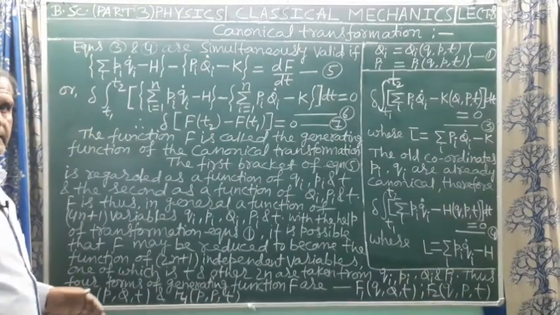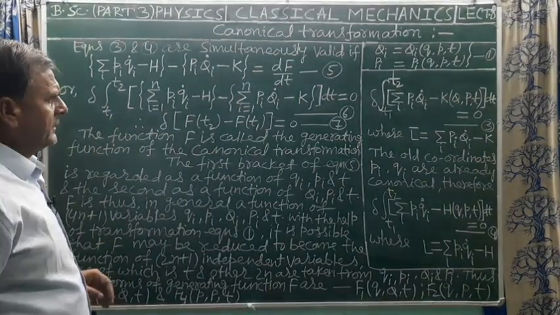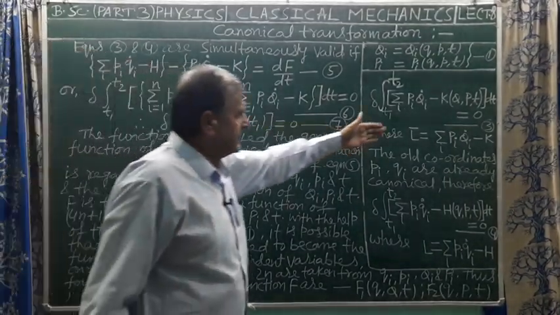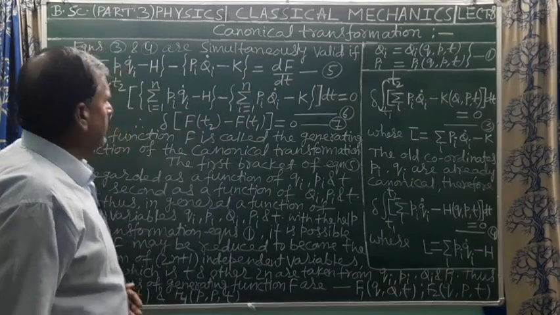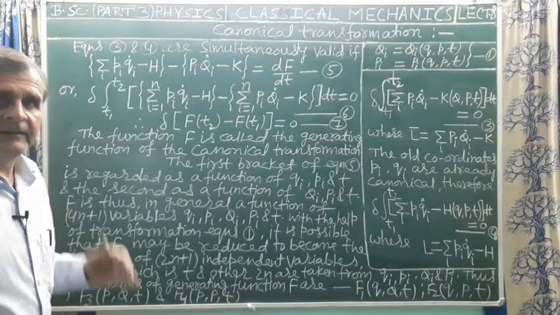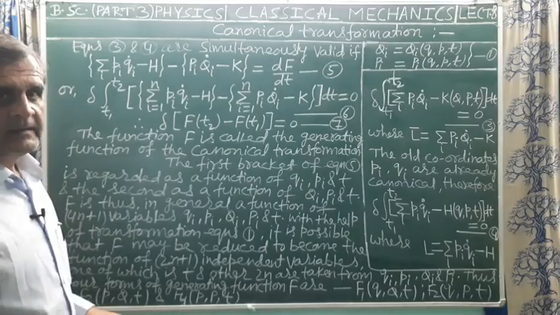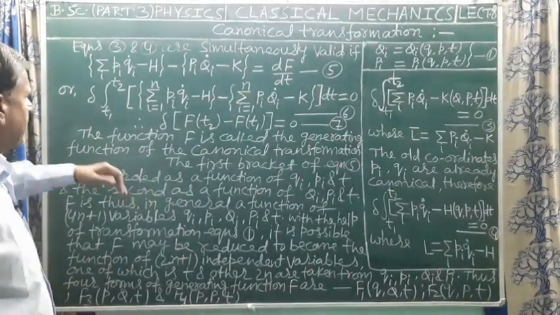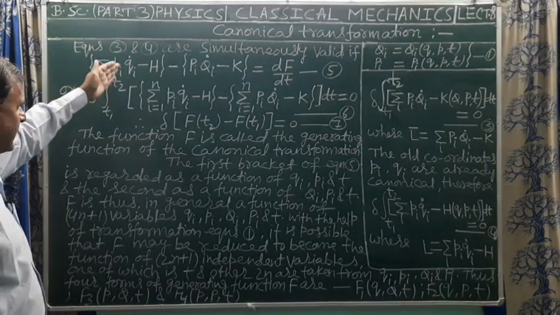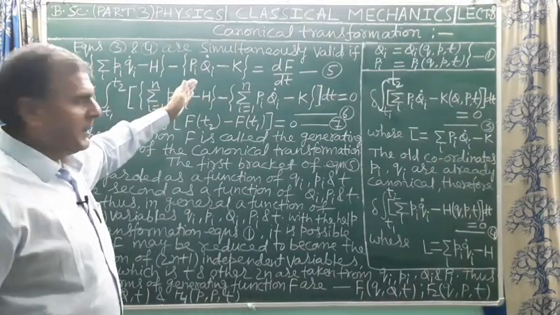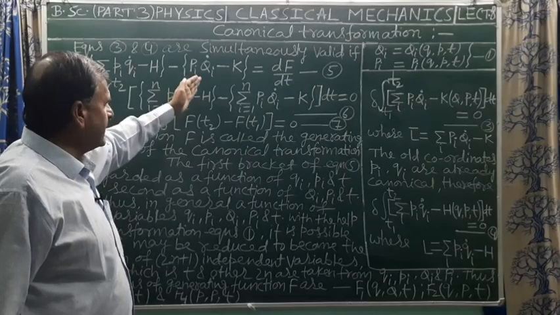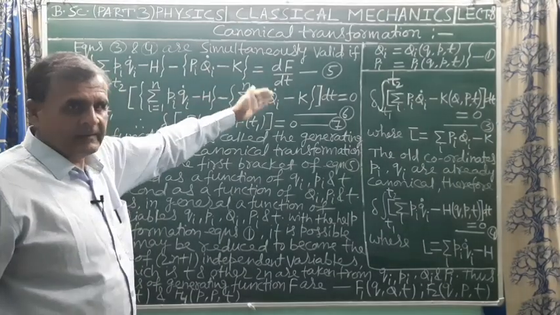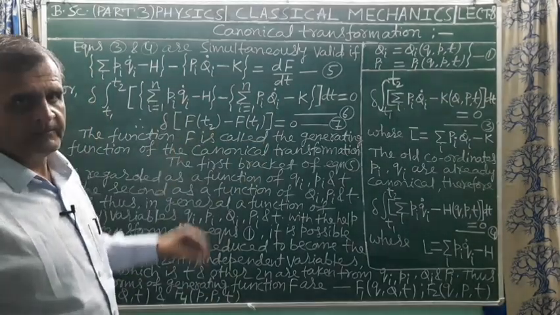And in that case, both equations given by 3 and 4 will be valid simultaneously if this condition given by equation 5, that is the bracket sigma over i, p_i q_i dot minus H minus the bracket P_i Q_i dot minus K equals dF by dt, is fulfilled.